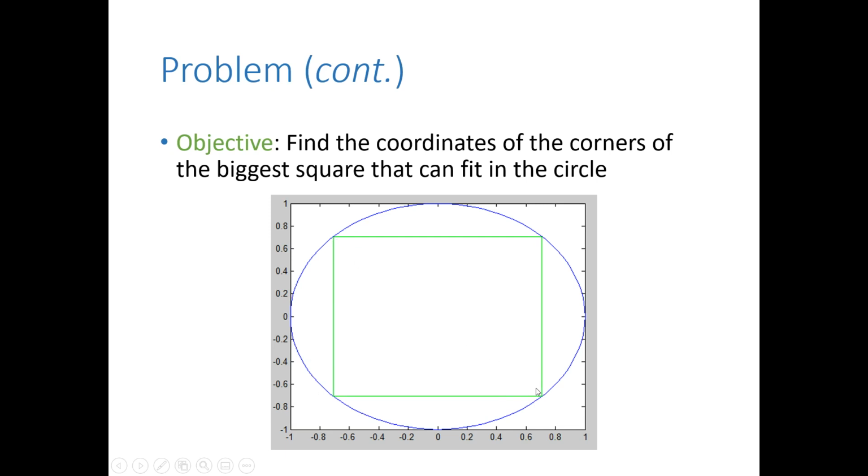If the diagonal is 2, by using the Pythagoras theorem, if I say this is x and this has to be x as well, x squared plus x squared equals 4. And we can guess what x should be, right?